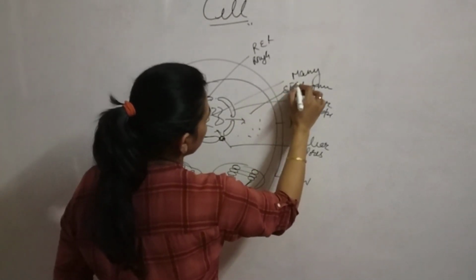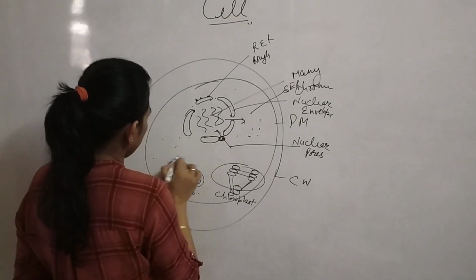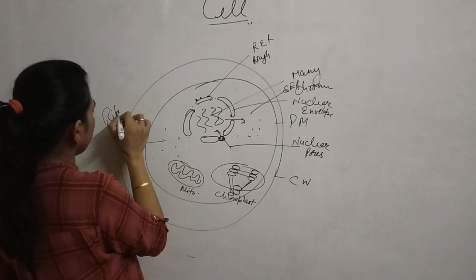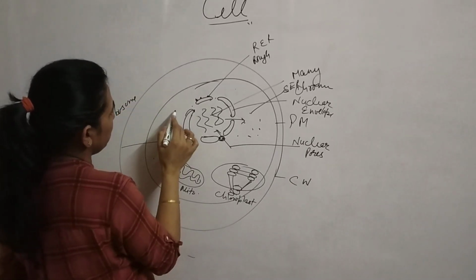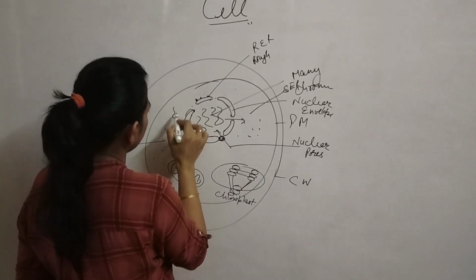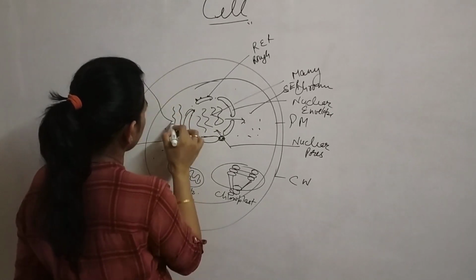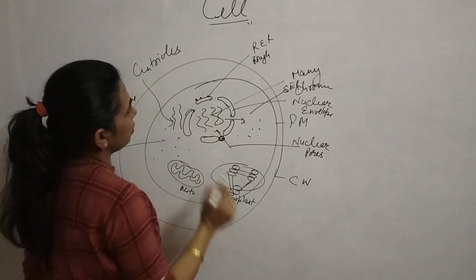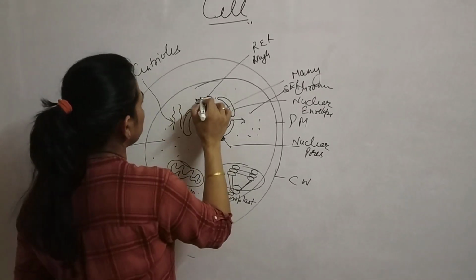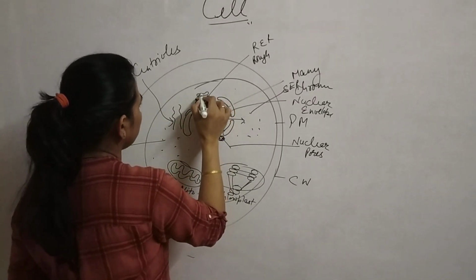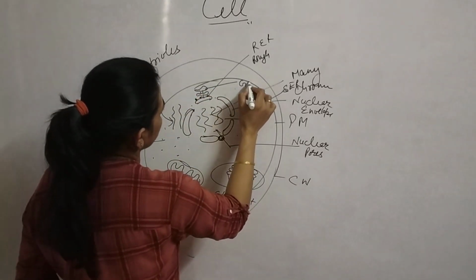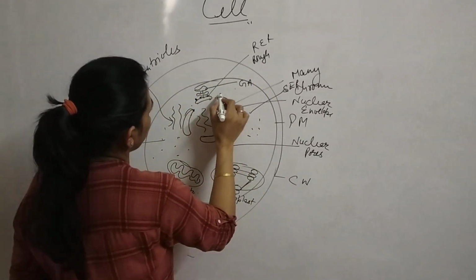Smooth endoplasmic reticulum, ribosomes, centrioles, and there is the Golgi apparatus, endoplasmic reticulum.